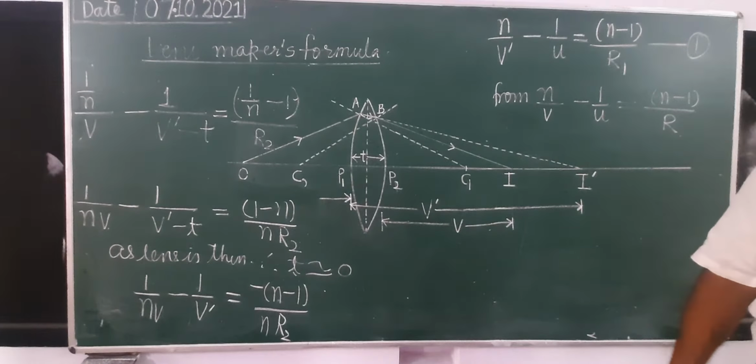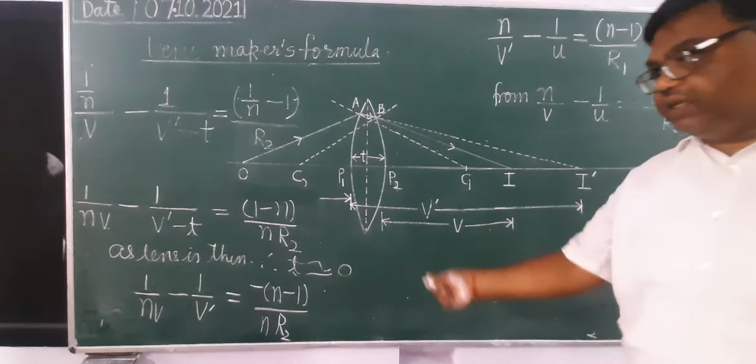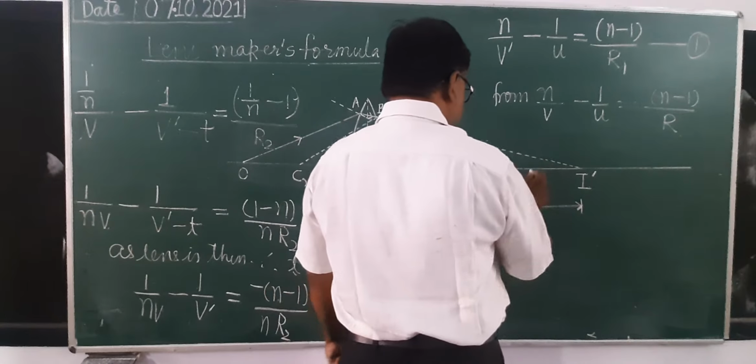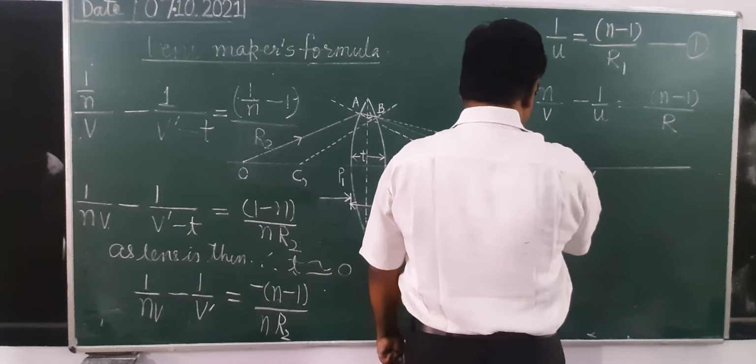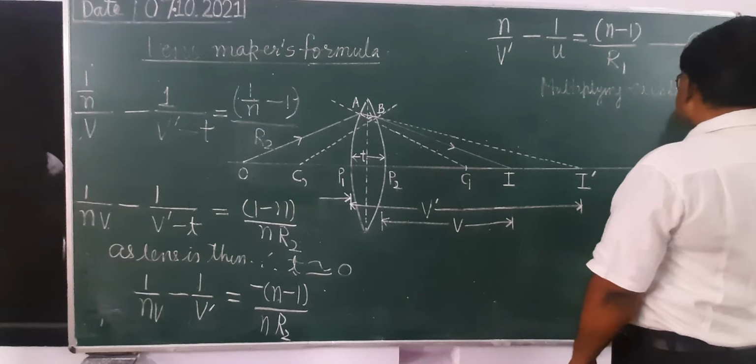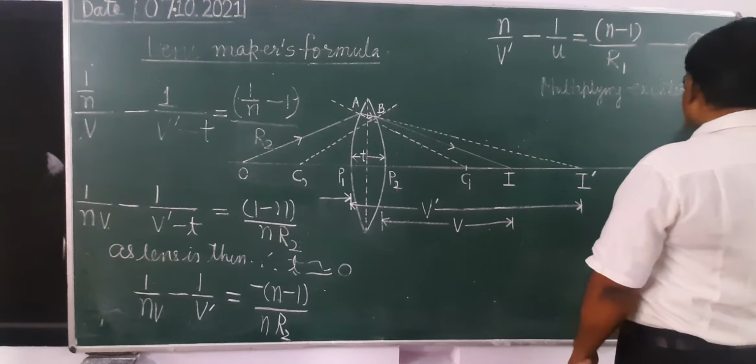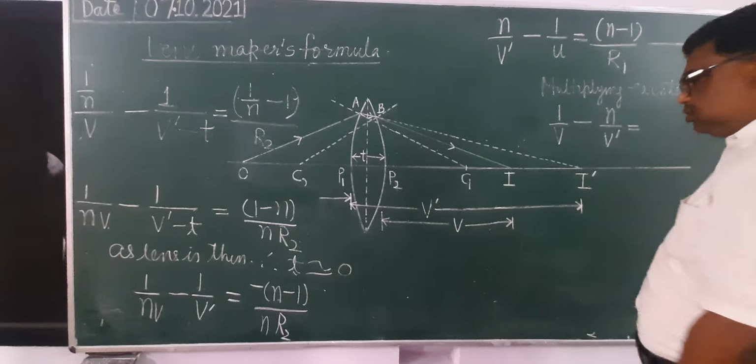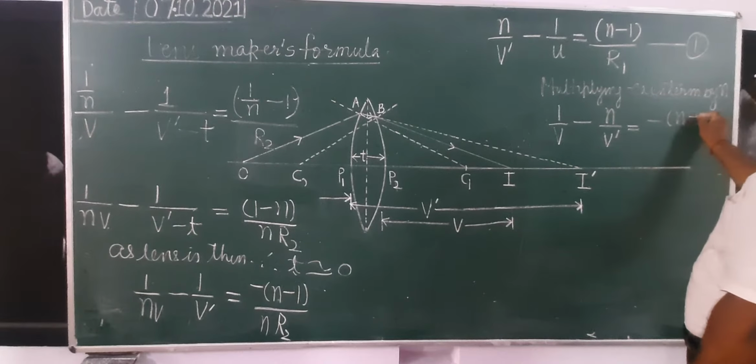Now multiplying each term by n. When you will multiply each term by n, it will be 1 upon v minus n upon v dash equals to minus n minus 1 upon r.